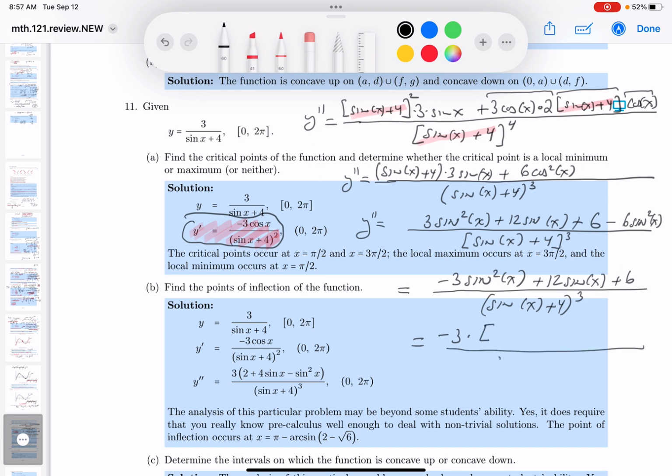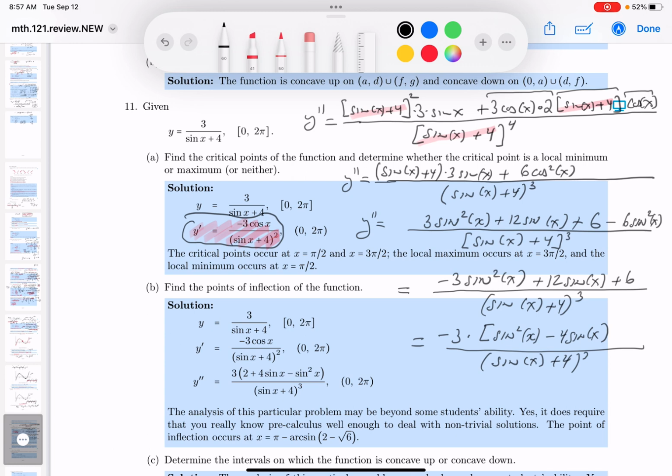And once I do this, I think I'm at a place where I'm going to look at the key. And you're going to get sine squared. Let's see, plus, not plus, minus, right? Minus 4 sine x. So you get minus 3 sine squared. That's good.